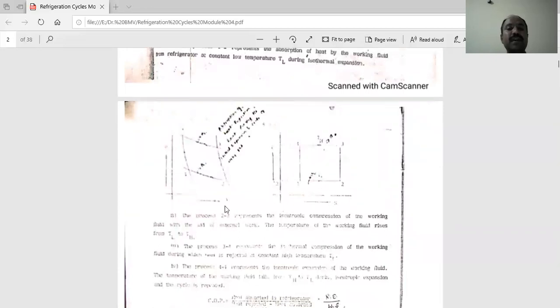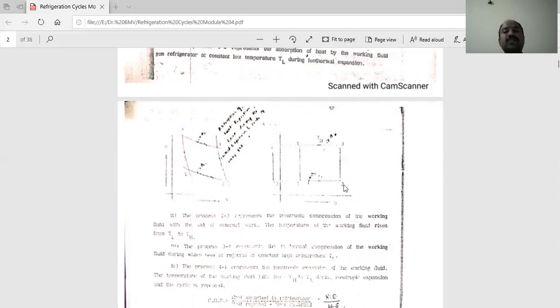This is the PV diagram, this is the TS diagram. Point 1 is there. Process 1 to 2 is the isothermal expansion process, in which heat absorption takes place in the lower region. This is TL, and this is TH, the higher region.